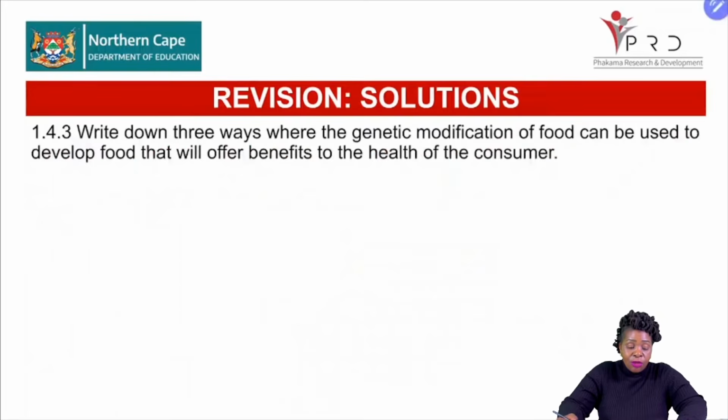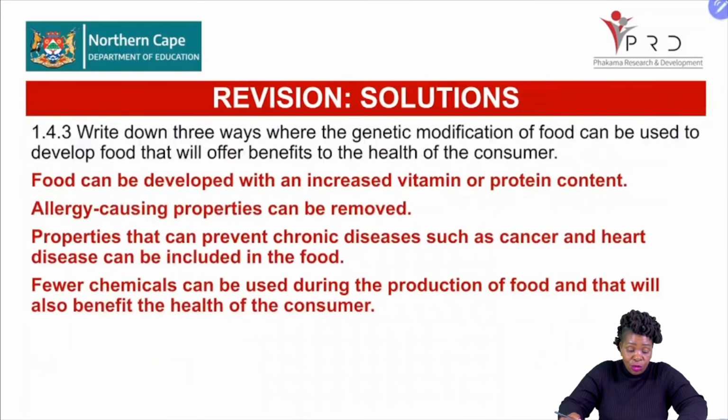Right? Let's move on to our 1.4.3. It says, write down 3 ways where the genetic modification of food can be used to develop food that will offer benefits to the health of the consumer. So food can be developed with an increased vitamin or protein content. Also, allergy-causing properties can be removed.